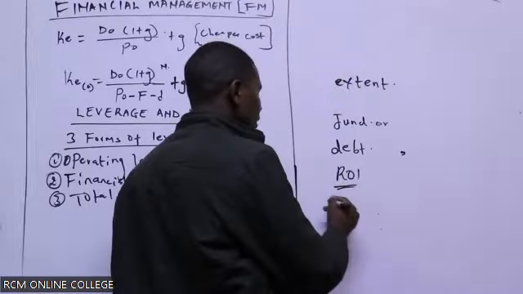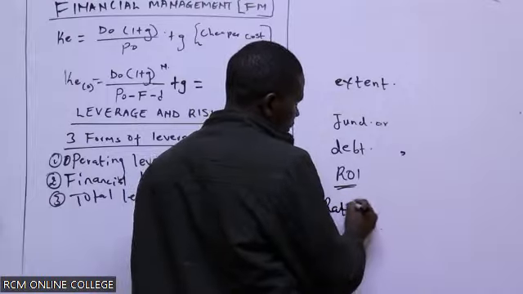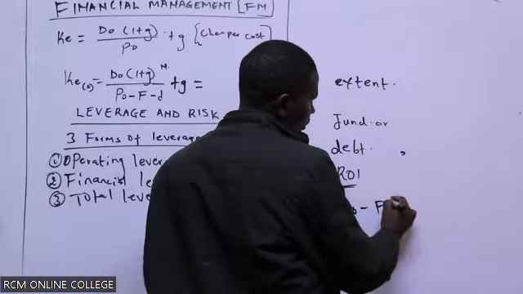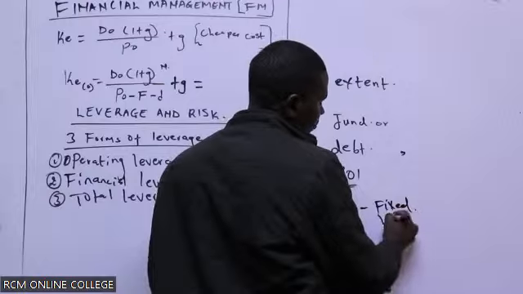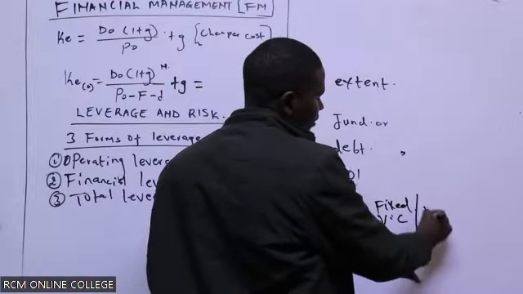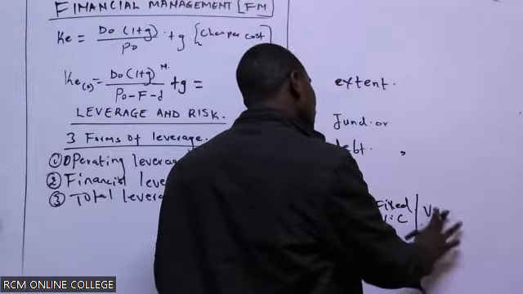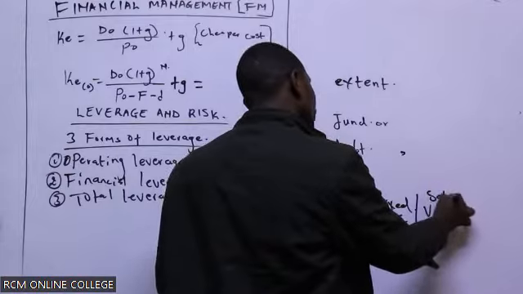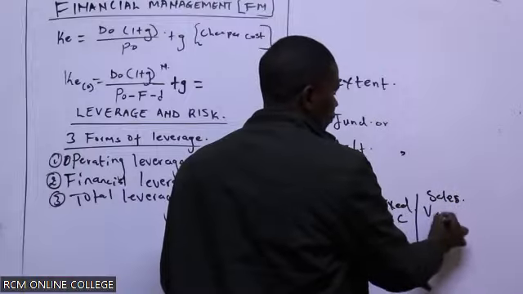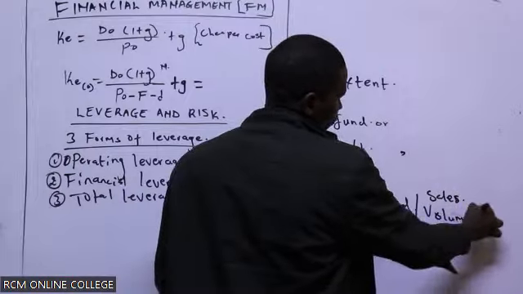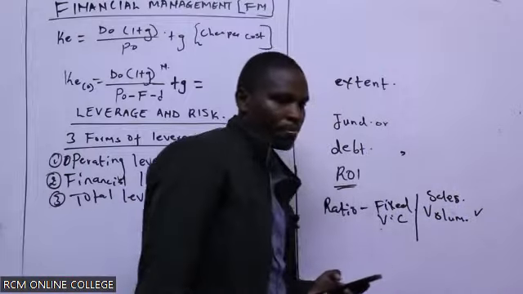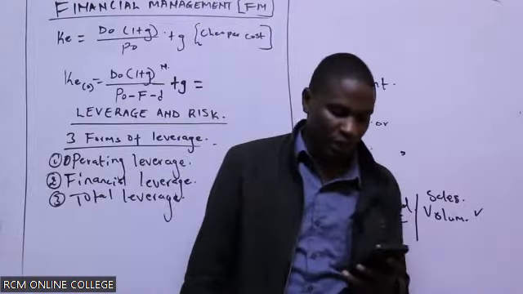So you're looking at the ratio of fixed cost and variable cost, and then there is sales volume somewhere. So hizo ndizo terms zenye tutakuwa tunaangalia.